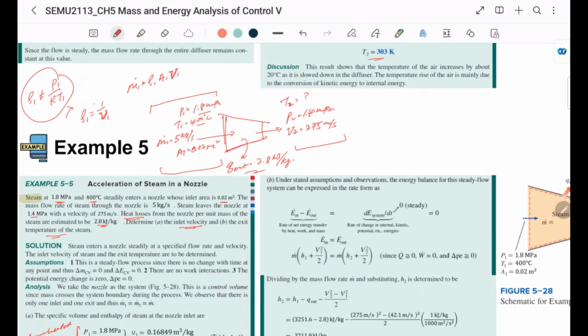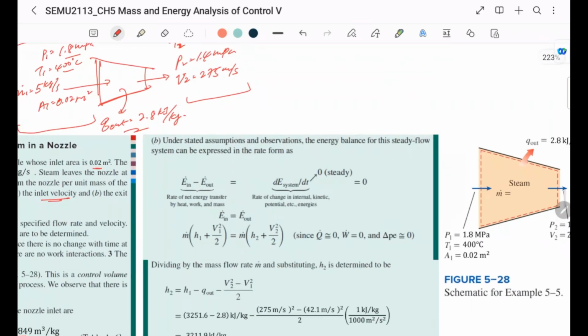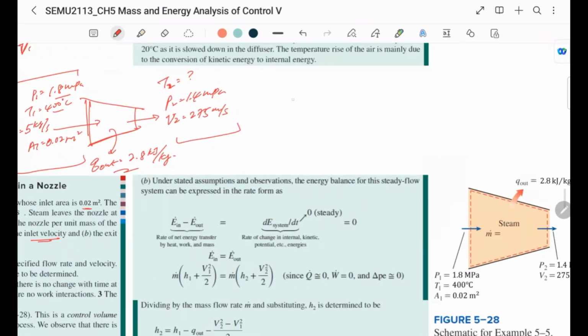So T2. Okay. Then we apply the equation. Okay. So the full equation again is Q in minus Q out plus work in, work transfer out plus E in minus E out.